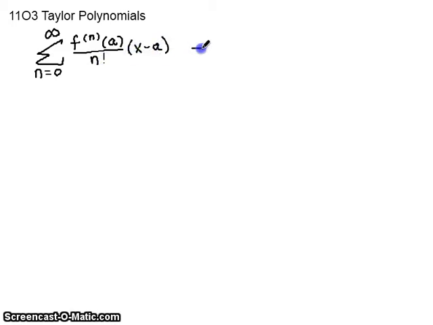Now this is going to be centered around x equals a. So on that last one we just looked at, the value of a was 1. So that's where the x minus 1 came from on that equation that we looked at.